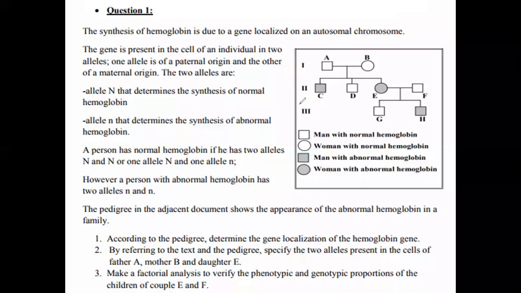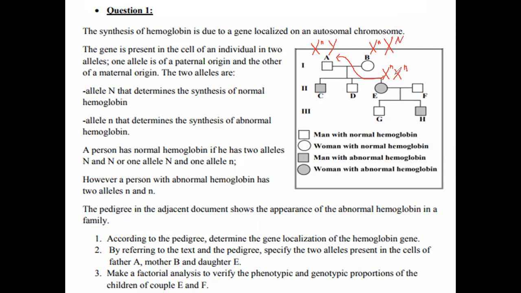Second, I have to deny it on the X. Every affected daughter should have an affected father. The affected daughter here is just one. She has two X's, X small and X small. She should inherit X small from the father, which will be X small Y, and from the mother the other will be, let's say, X capital normal.